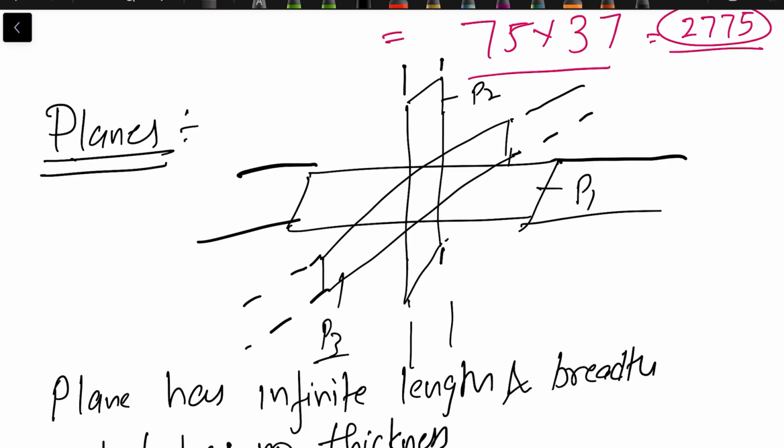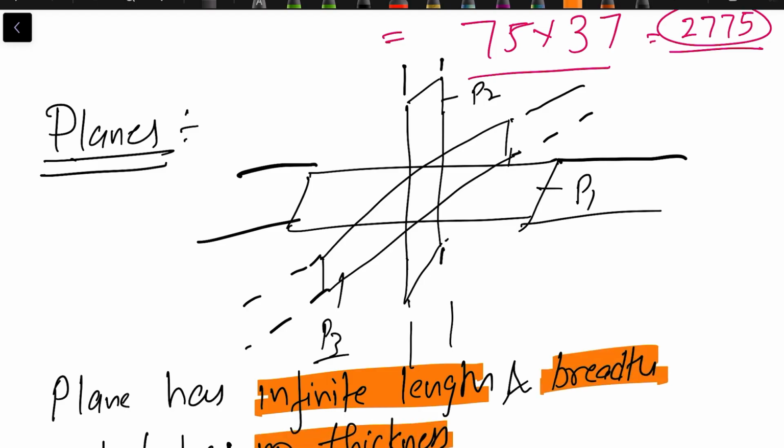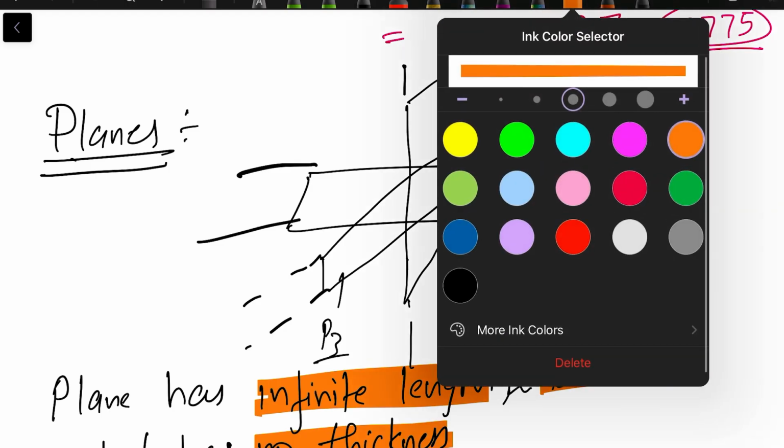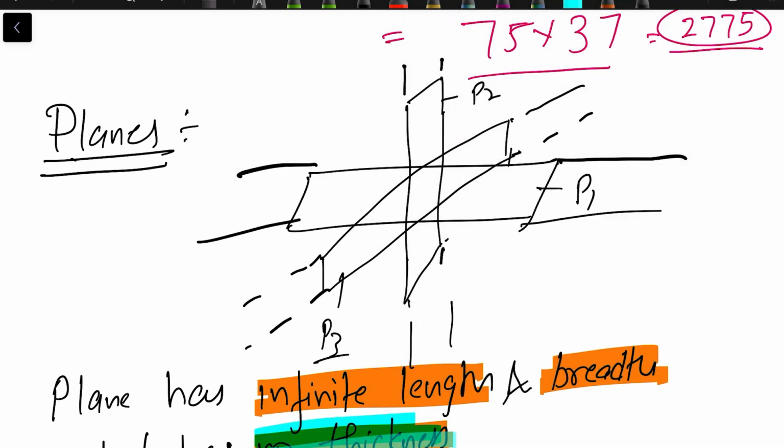What does it mean? A plane has infinite length and breadth but has no thickness. Got it? What we said: it has no thickness.